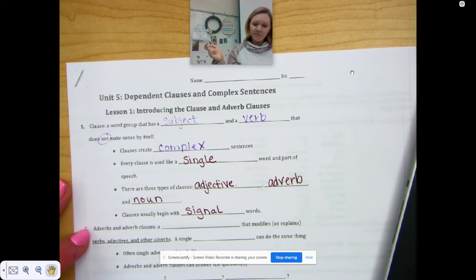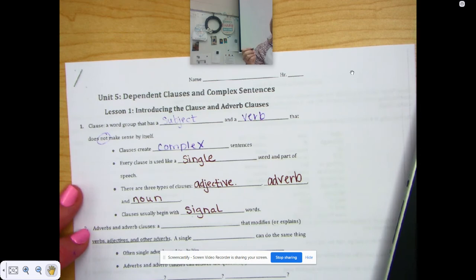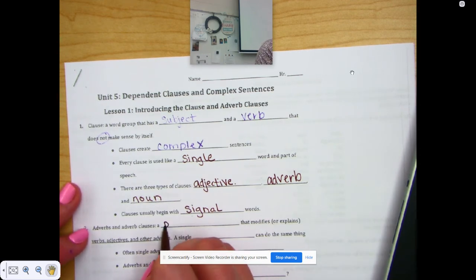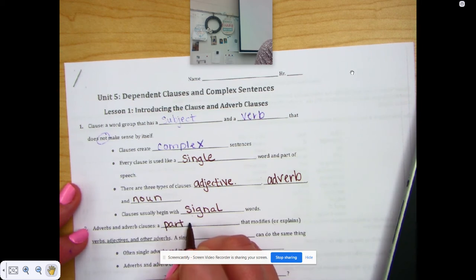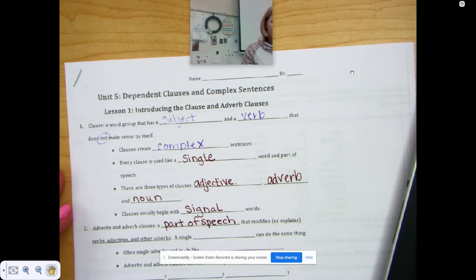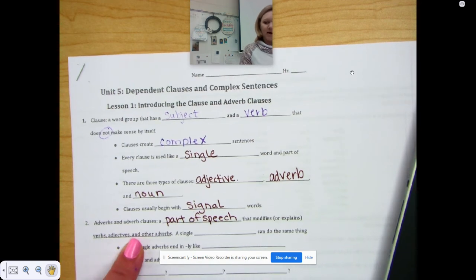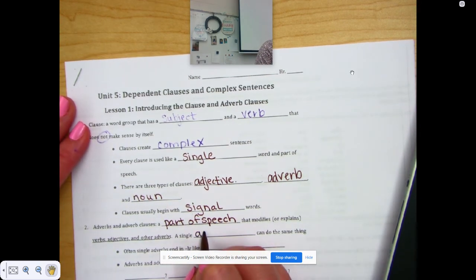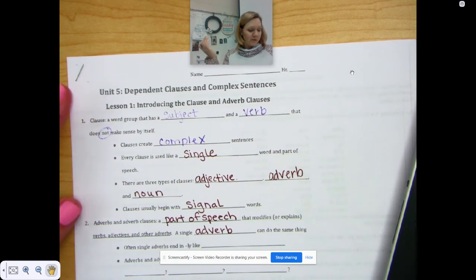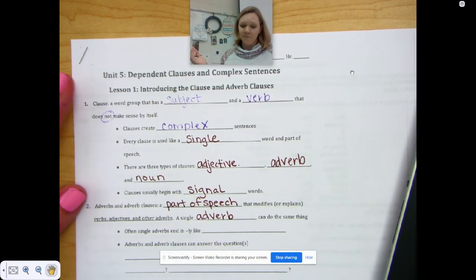So adverbs and adverb clauses are a part of speech that modifies or explains verbs, adjectives, or other adverbs. A single adverb does the same thing. And that is from way back when we learned parts of speech, okay?